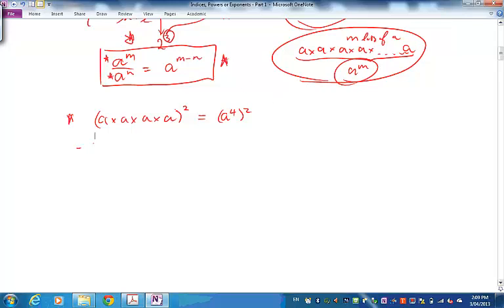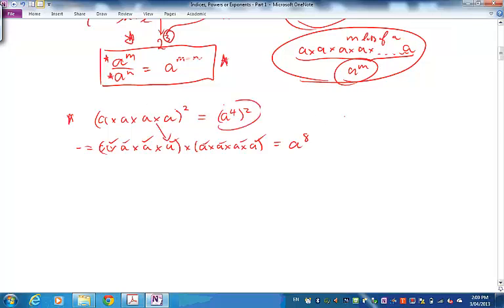But over on this side, we could say that this is a by a by a by a. There's 4 of them in a row. Then if we square it, squaring it means multiplying it by itself. Like that. Oh boy. What would we have? Let's count up the a's. 1, 2, 3, 4, 5, 6, 7, 8. A to the 8th.